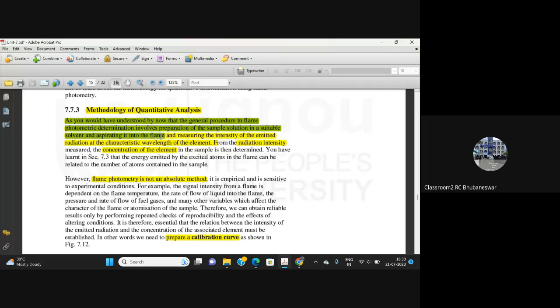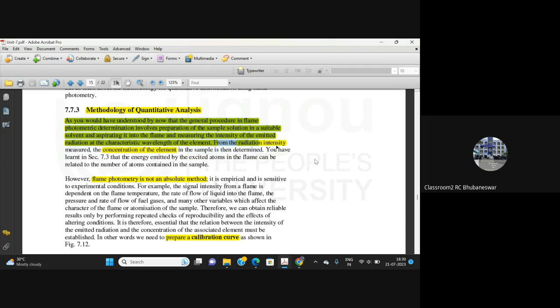You do that by spraying the solution through the chamber, the nebulizer. Then it goes into the flame, and you measure the intensity of the emitted radiation at the characteristic wavelength of the element. From the radiation intensity measured, you can then determine the concentration of the element in the sample.